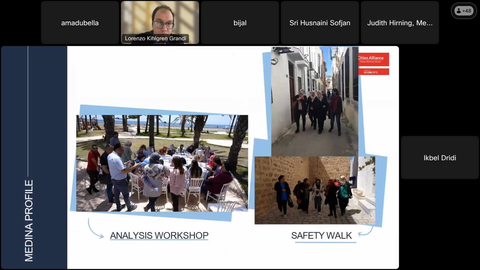So we can see here that collaborative workshops are then organized to apply this methodology and involve diverse representatives such as women's organizations, NGOs, municipalities, university, and community association.